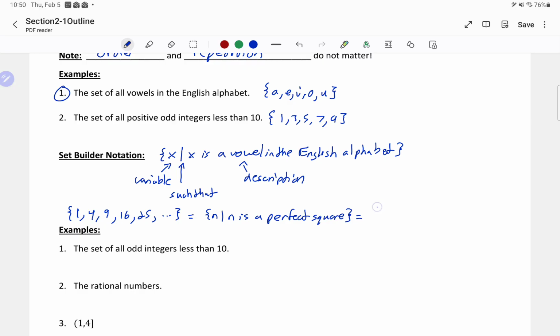So we don't always have to have a variable here. We can put some expression, okay, and then describe some things about that expression. So I could say this is the set of all n squared such that n is an integer. So I can write n is in Z. So this would be a perfectly valid way to write this in set builder notation.